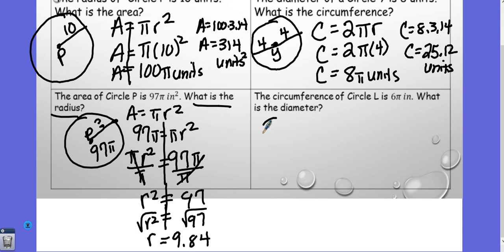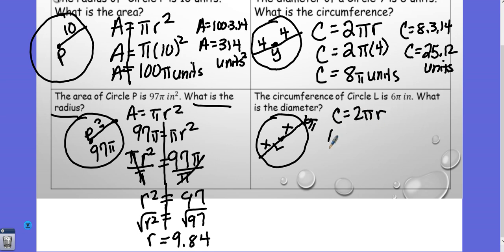Okay, so this one, circumference of circle L, they gave us the outside is 6 pi. So what's the diameter? So it wants me to find these two pieces and then add them together. So we know circumference is 2 pi r. So what you do is you substitute what they gave you. 6 pi equals 2 pi r.